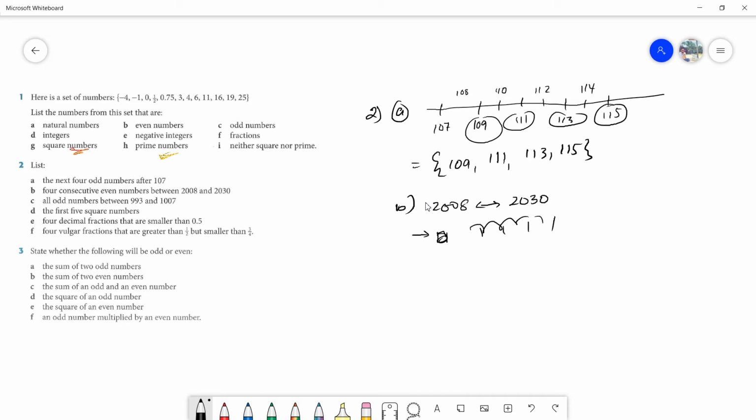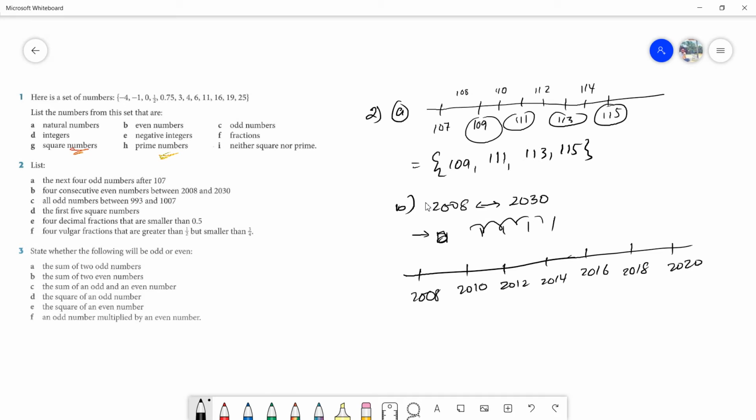So what comes after 2008? 2010, 2012, 2014, 2016, 2018, 2020.